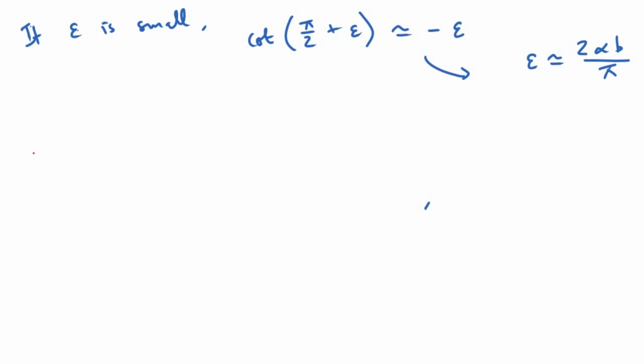So we will have basically, so we have b equal to pi by 2 plus twice alpha b divided by pi.